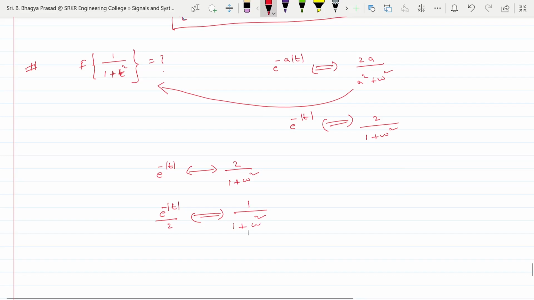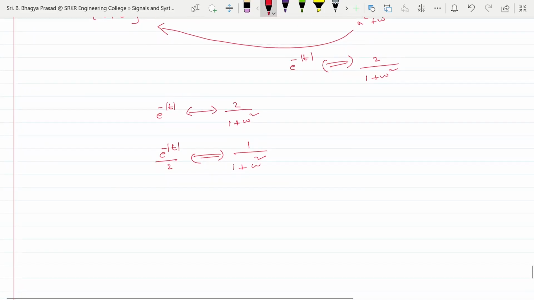Now I use the duality property. This is x of t and this is x of omega.